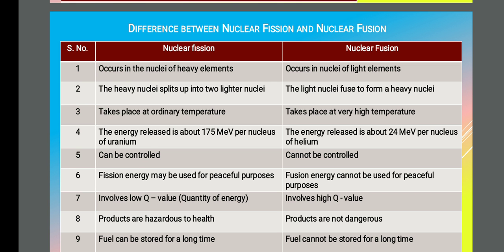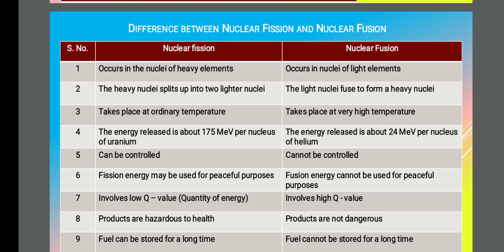Third one, fission takes place at ordinary temperature. Fusion takes place at very high temperature. Fission releases energy of about 175 mega electron volt per nucleus of uranium. Fusion releases about 24 mega electron volt per nucleus of helium.